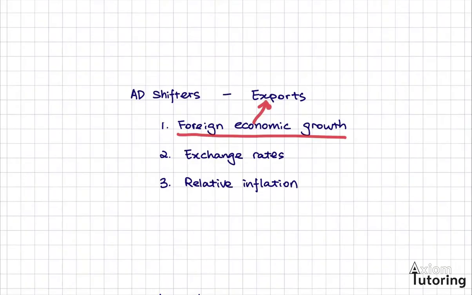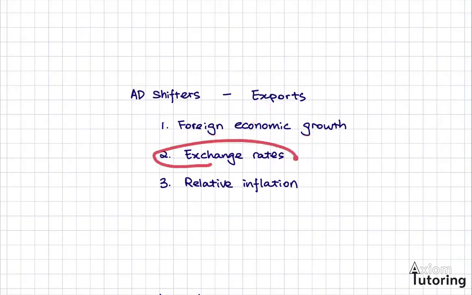American consumers and firms may purchase more goods and services, including imports from the UK. Therefore, higher foreign incomes mean higher foreign demand for UK goods. That causes UK exports to rise and AD to shift rightwards. This means one country's economic growth can create demand for output produced in another country.